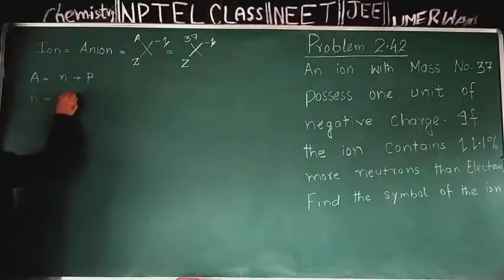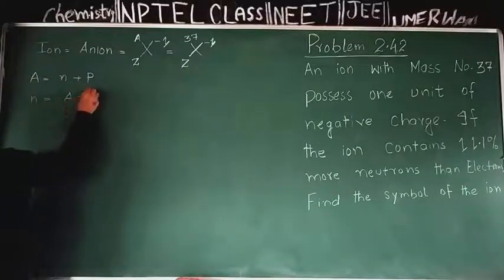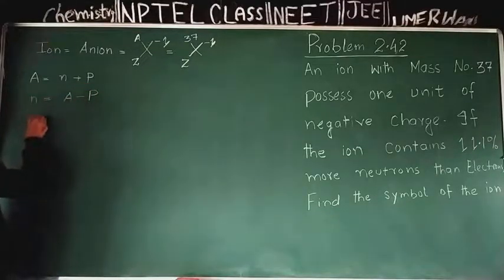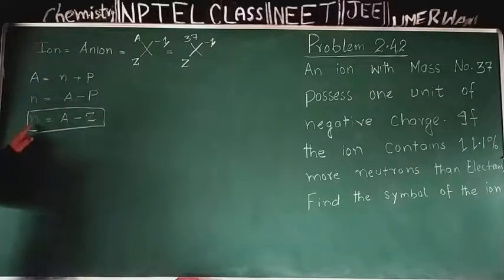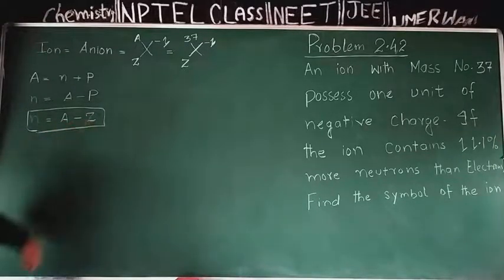Number of neutrons will be equal to A, the mass number, minus the number of protons. The number of protons represents the atomic number, equal to Z. This equation gives me the number of neutrons in the atom. Number of neutrons in an atom is equal to mass number minus atomic number. Mass number is the number of protons plus neutrons. Atomic number is the number of protons.